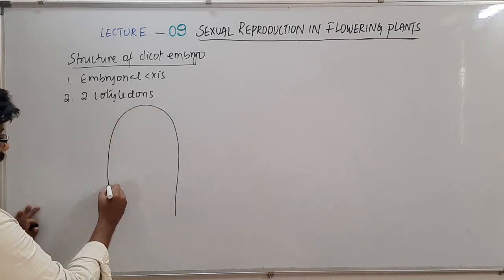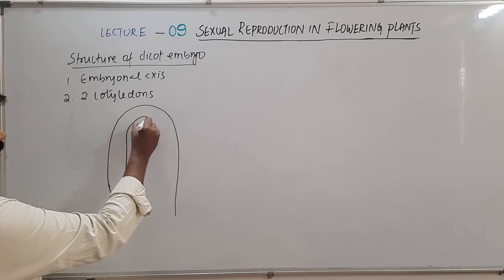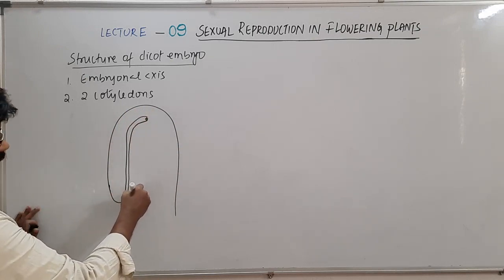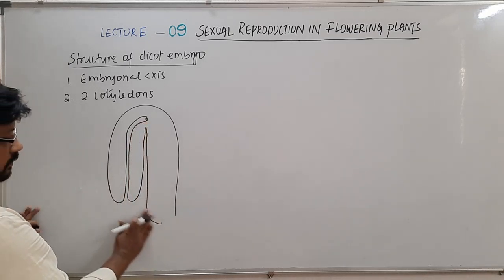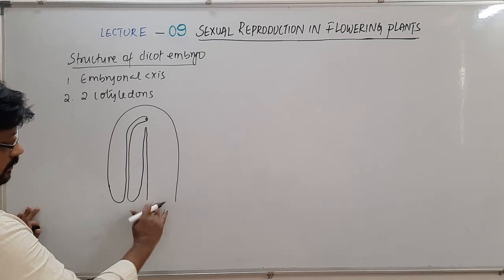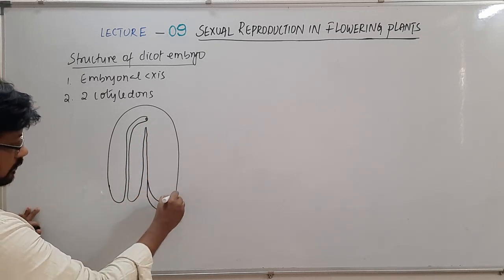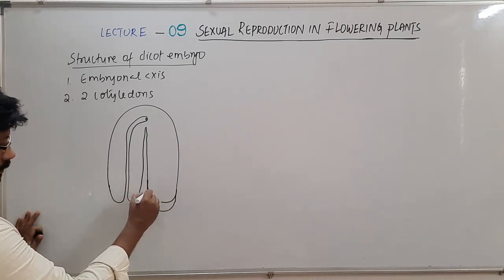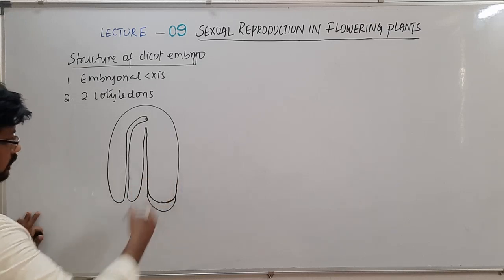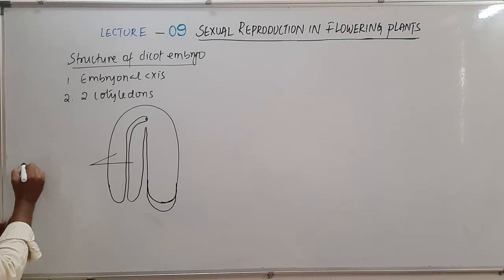So in this case of this dicot embryo, right? So we find here the presence of cotyledons. So there are two cotyledons.